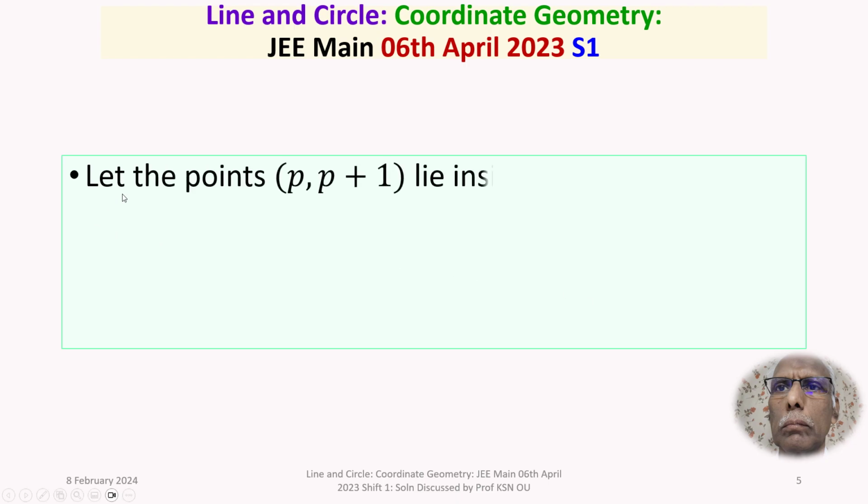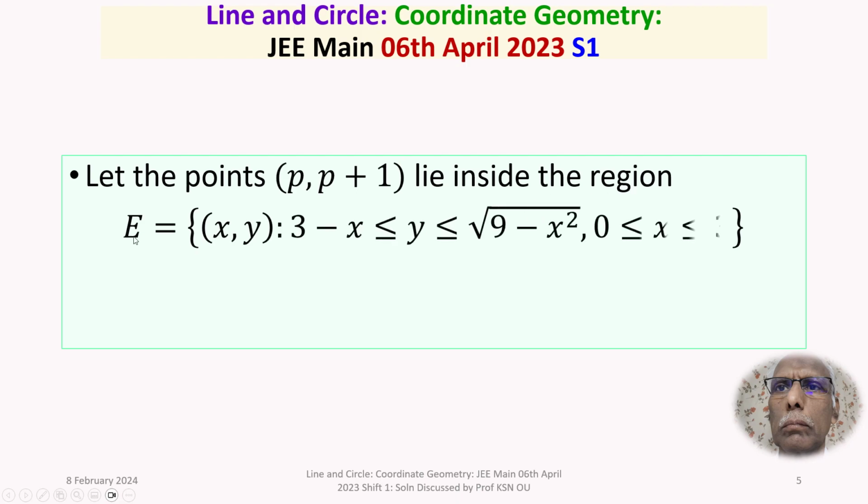The given question is: let the points (p, p+1) lie inside the region. The region is denoted by E, equal to the set of all ordered pairs (x, y) satisfying 3 minus x less than or equal to y less than or equal to the square root of 9 minus x square, where 0 less than or equal to x less than or equal to 3.